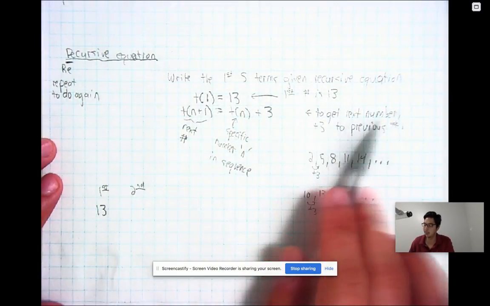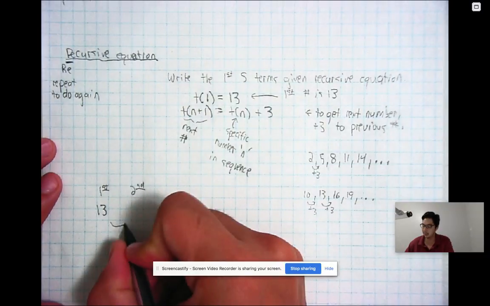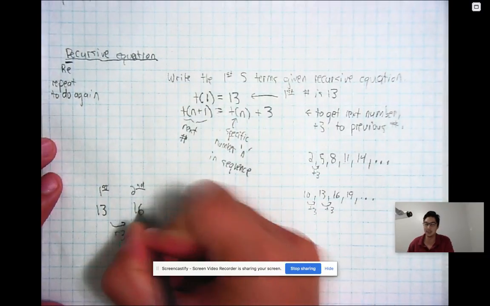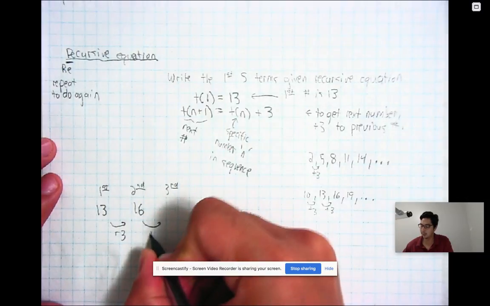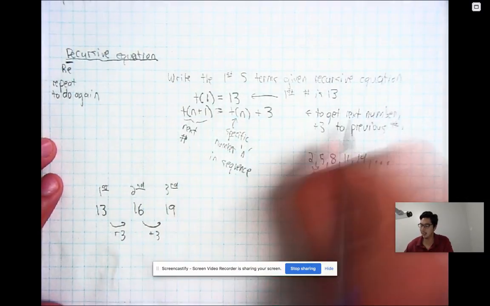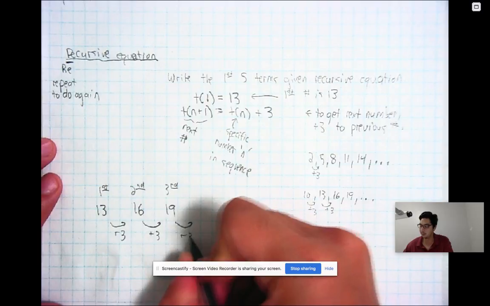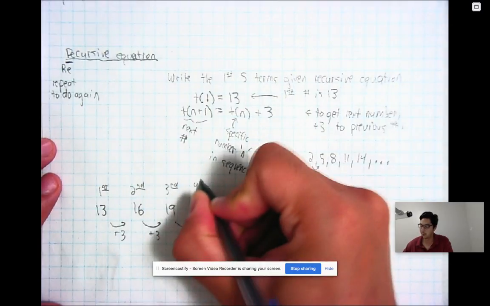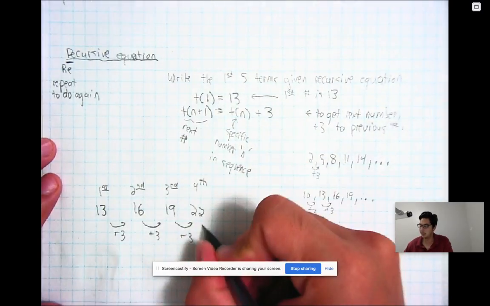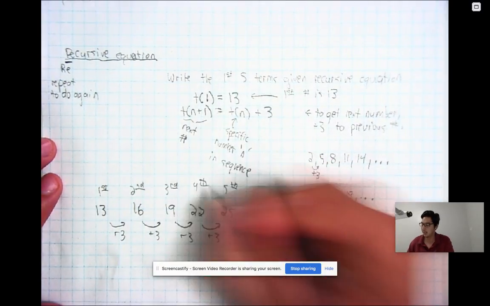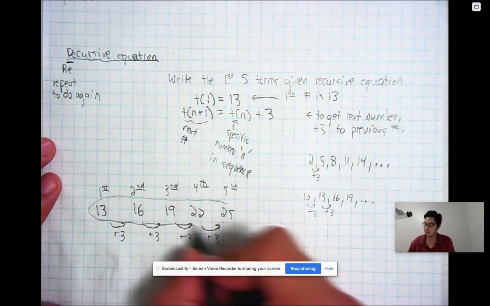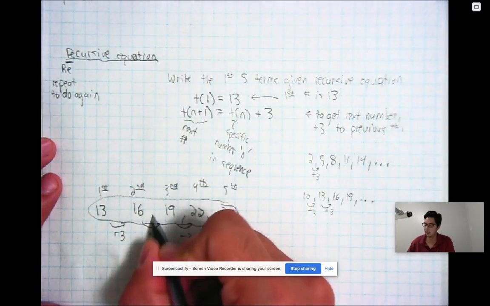To get the next number, we add 3 to the previous. So we add 3, and that's 16. To get to the next number, we add 3 again. To get to the next number, we add 3 again. That's the fourth number. And to get to the next number, you add 3 again, and there's the fifth number. And there are the first 5 terms of this sequence.